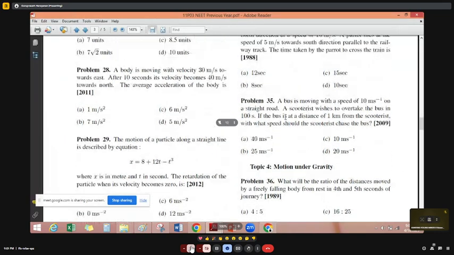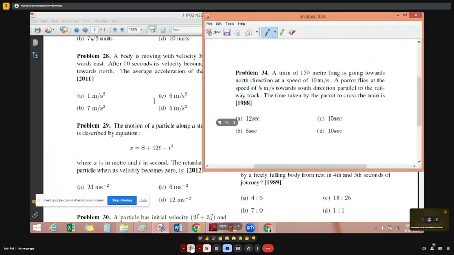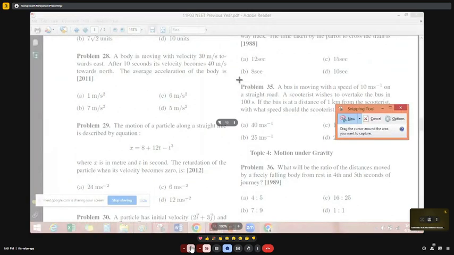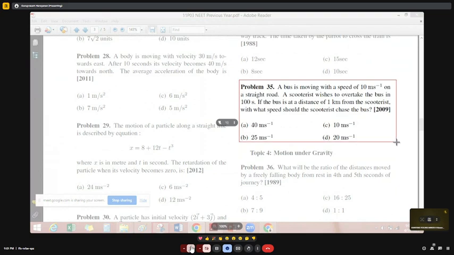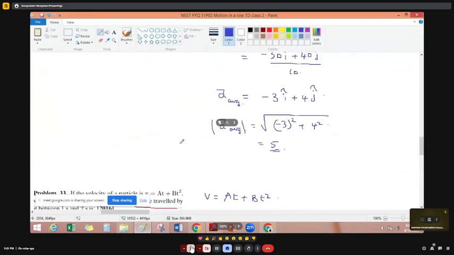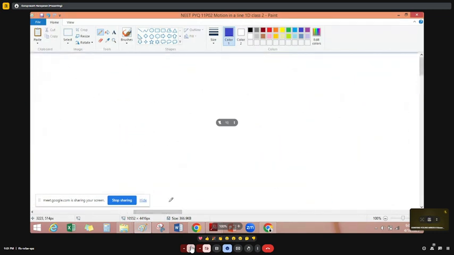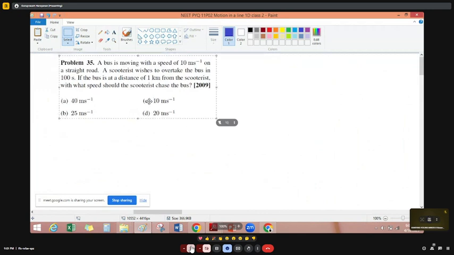So now that you have done an easier problem, you can do the slightly difficult one. A bus is moving with a speed of 10 meters per second on a straight road. The scooterist wishes to overtake the bus in 100 seconds.